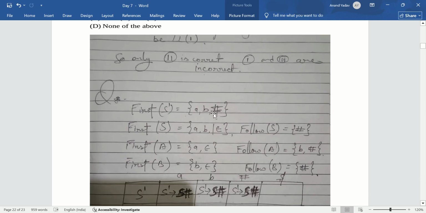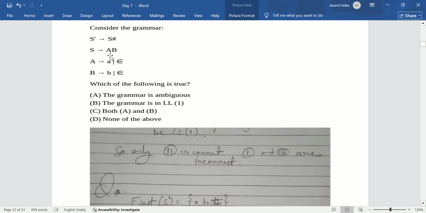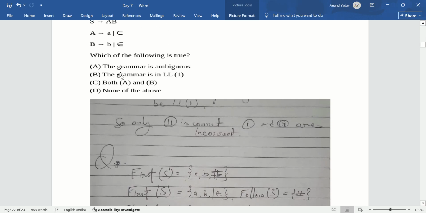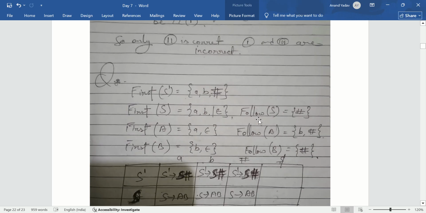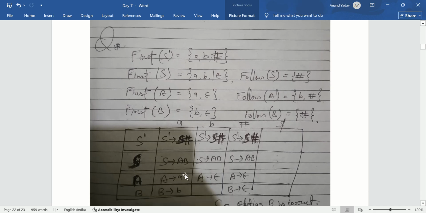So first of S' includes A, B and epsilon, and first of S is A B. When we put A as epsilon, then we get B, then B, A, B and epsilon. First of A we will get A and epsilon. First of B is B and epsilon. Follow of S is dollar, follow of A is B and dollar, and follow of B is dollar. After calculating this, I put it in this table.